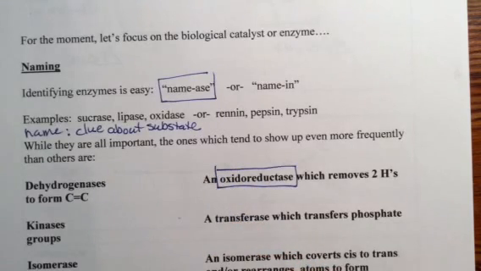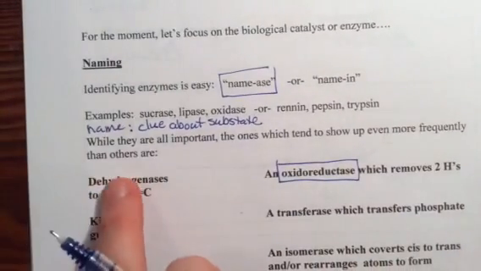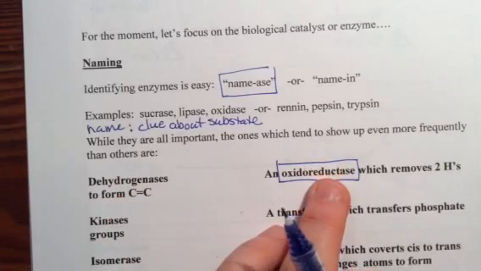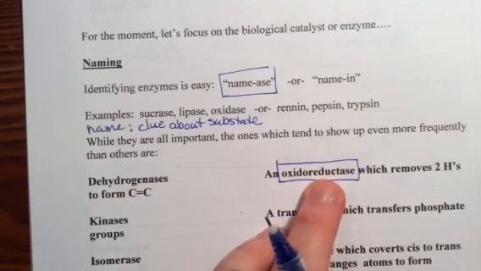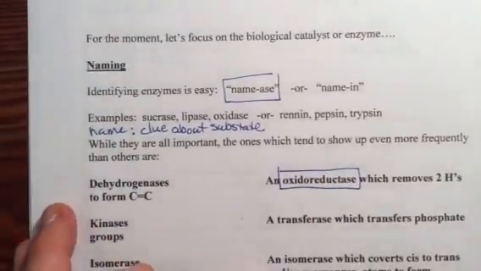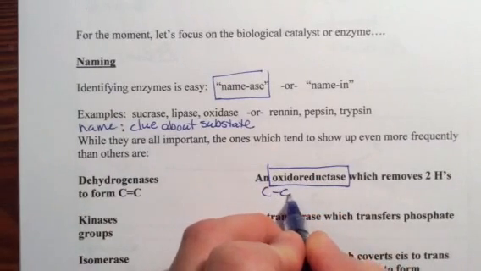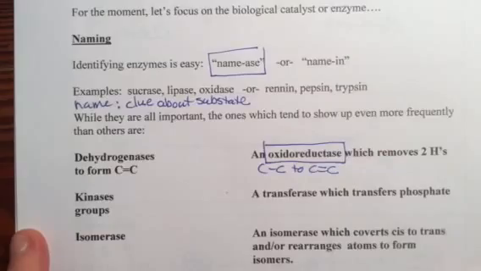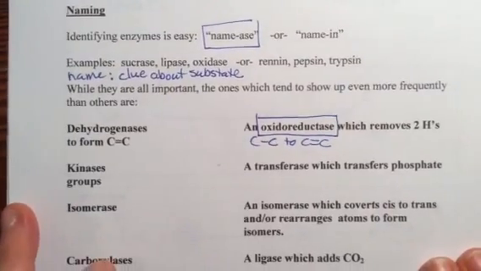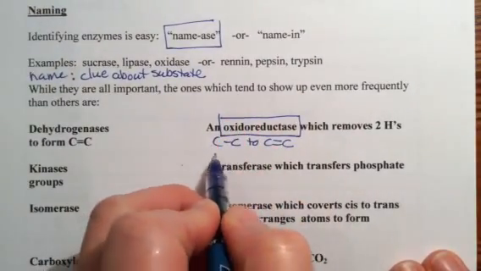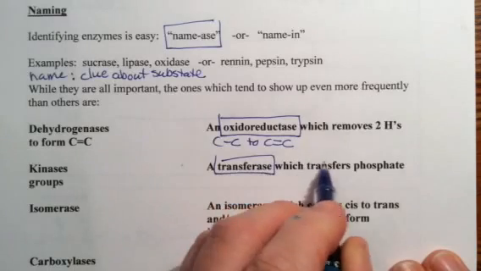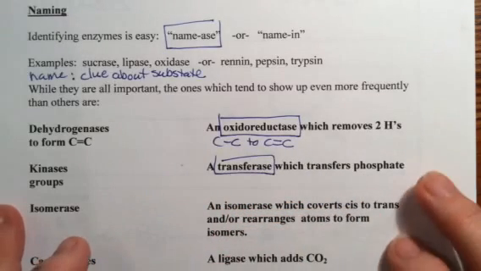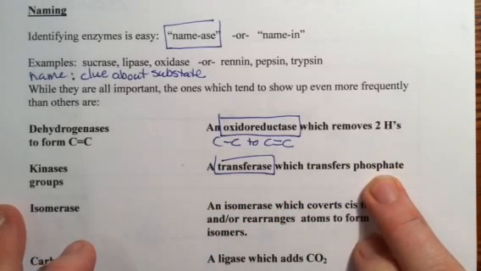What that means is whenever you see a dehydrogenase, you know you're undergoing redox. And you're going to be going from a carbon-carbon single bond to a carbon-carbon double bond. Kinases are what we call transferases that transfer phosphate. And we're going to need phosphate ad nauseum for a variety of reasons, including the fact that we want to make ATP.